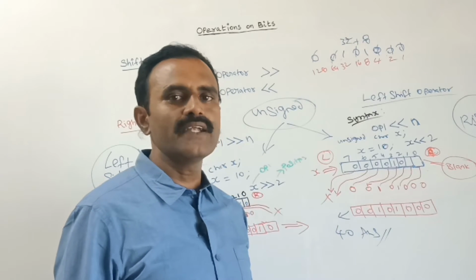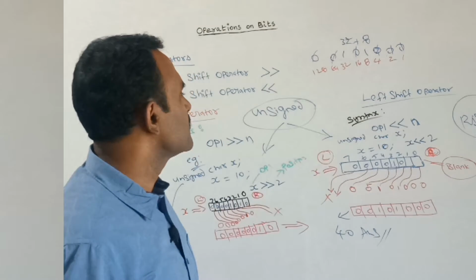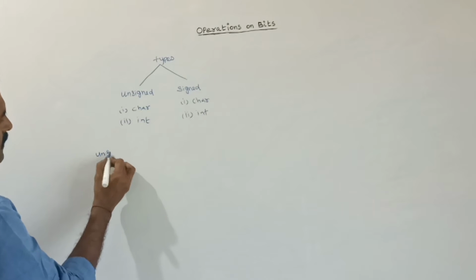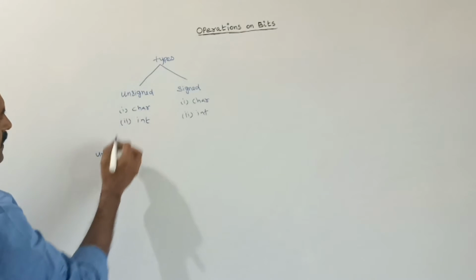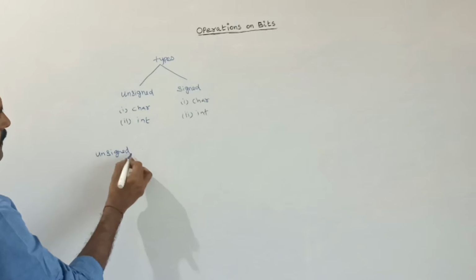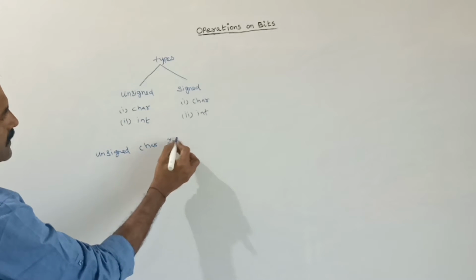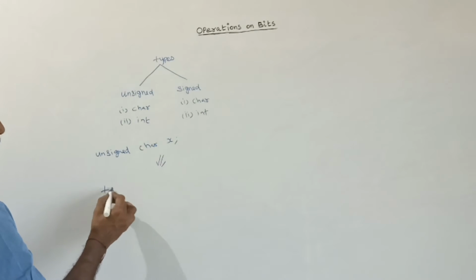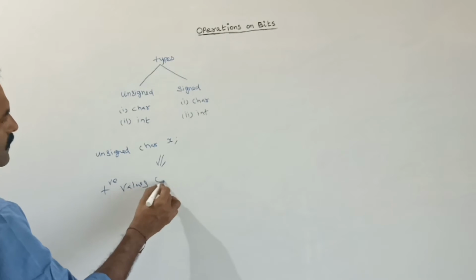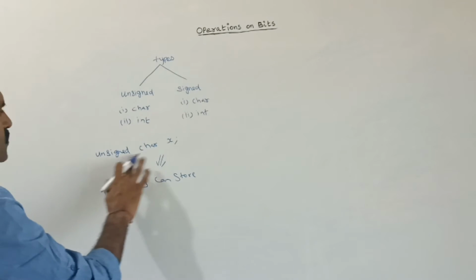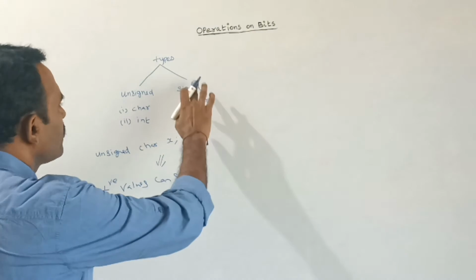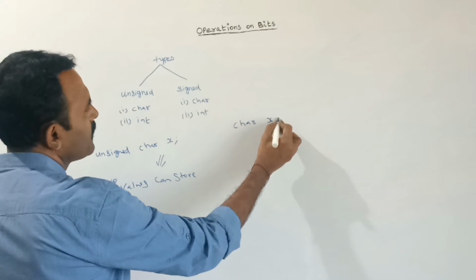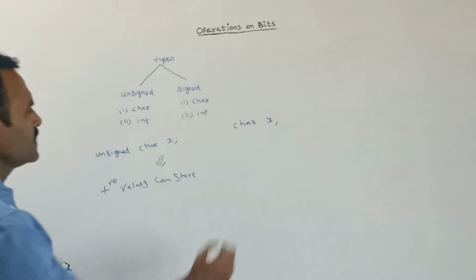While declaring in the program, we can declare like this. Suppose I am using unsigned character x. That means for this x I can store only positive values, because there is no sign. For the signed one, let us take character x, then this x is signed.